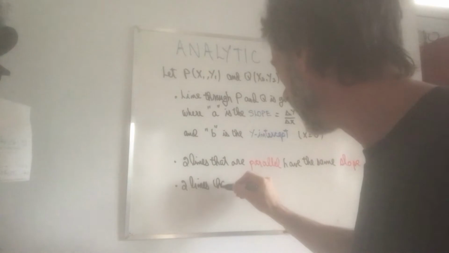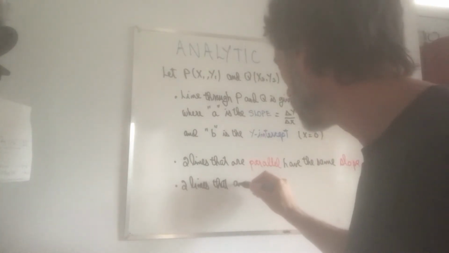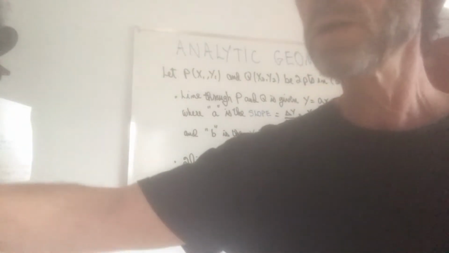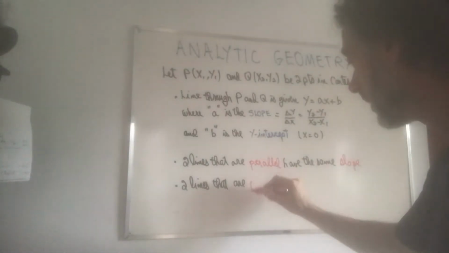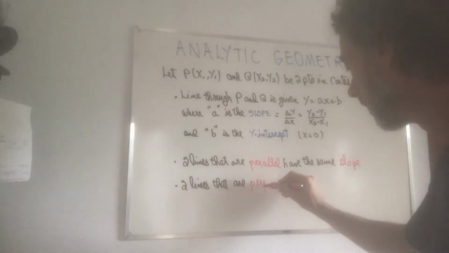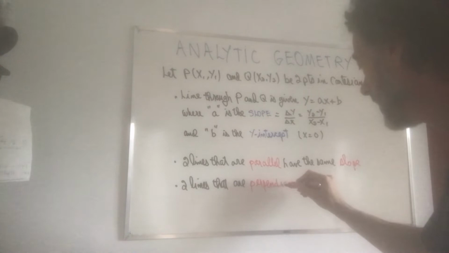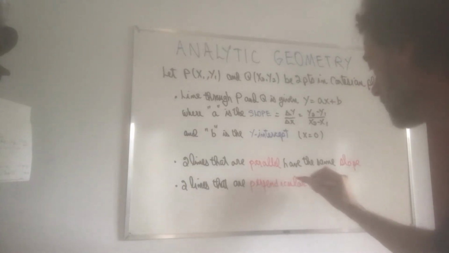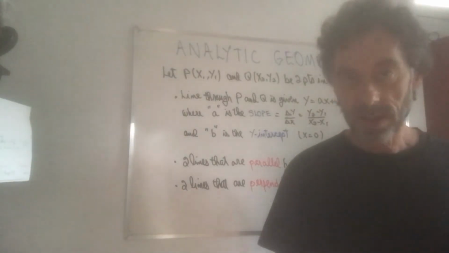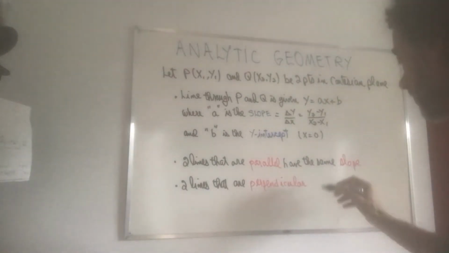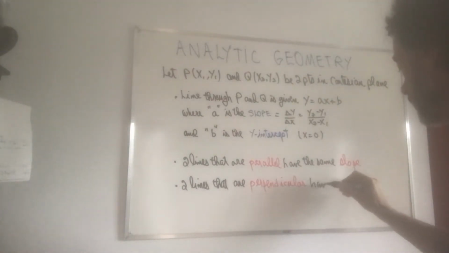So two lines that are perpendicular, strange word. You might also have heard the word orthogonal, means the same thing as perpendicular. Have slopes that are what?